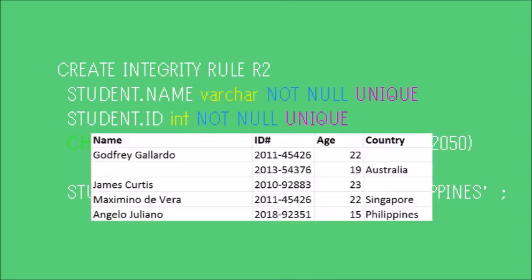Now, this code tells our database that the student name and ID cannot be empty, nor can they be repeated. Then, it checks if the student is at least 16 years of age. Finally, it sets the default country to Philippines.